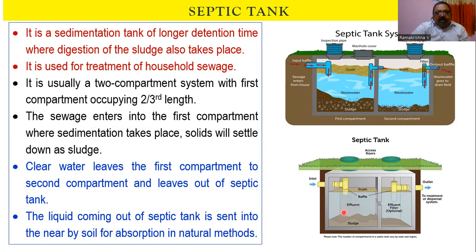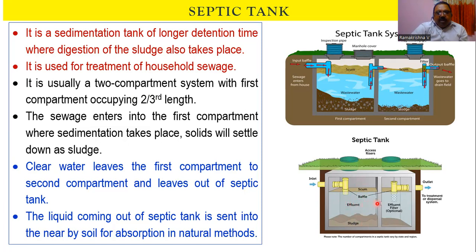The solids will settle down to the bottom in the form of sludge, and the lighter particles like oil and fat material will go to the top of the tank in the form of scum. Thereby the scum is separated to the top, solids are separated to the bottom, and the liquid portion is there in the middle.